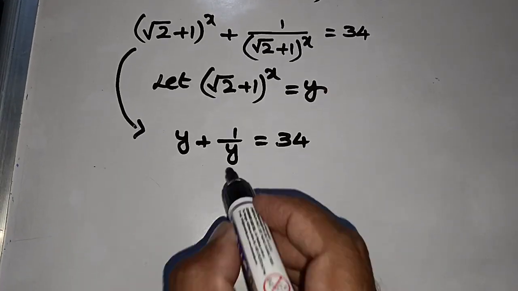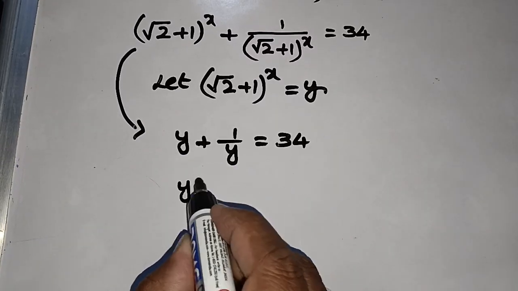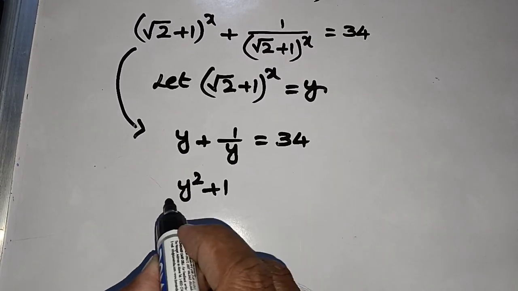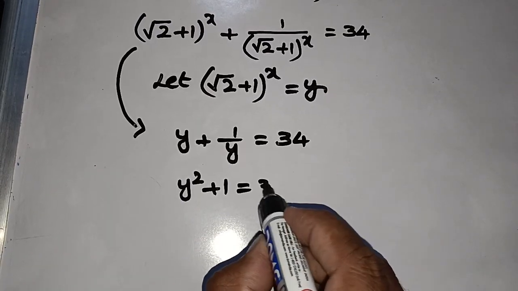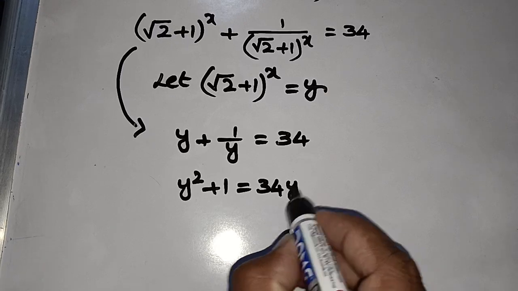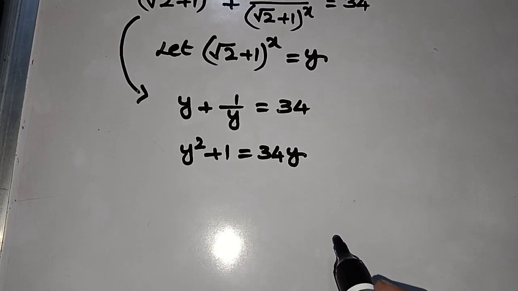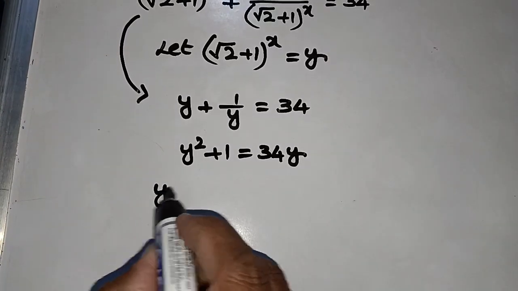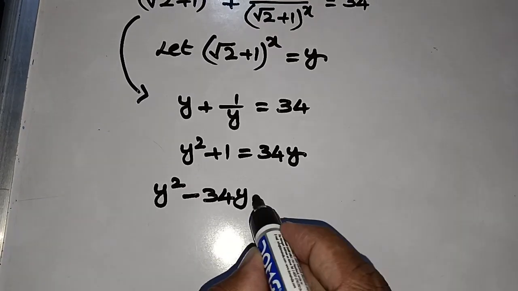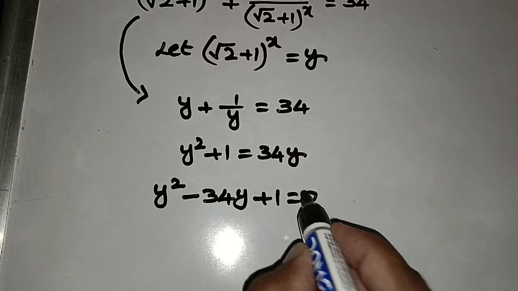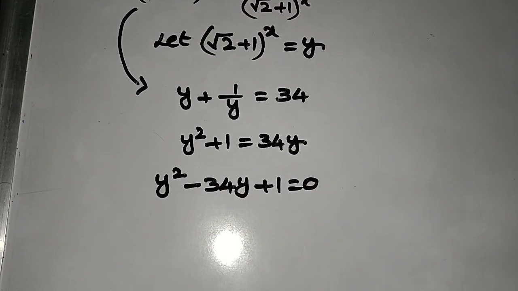For simplification, multiplying by y, and 34 becomes 34y. Bringing all terms to the left hand side, y² − 34y + 1 = 0.